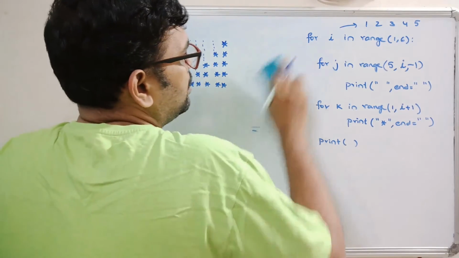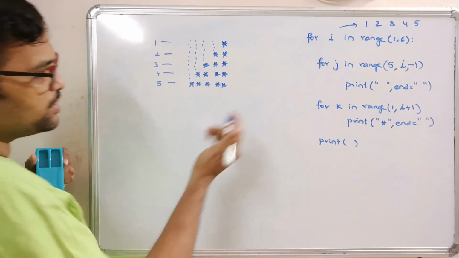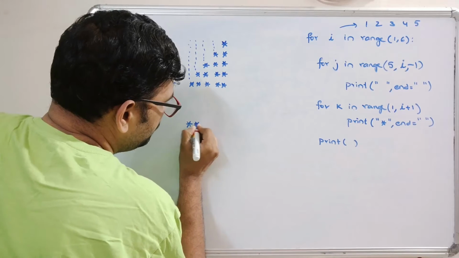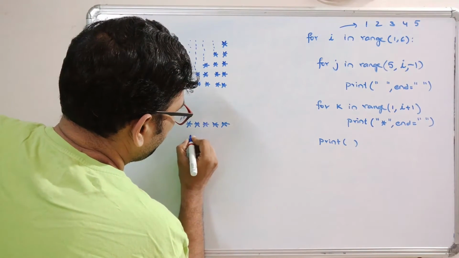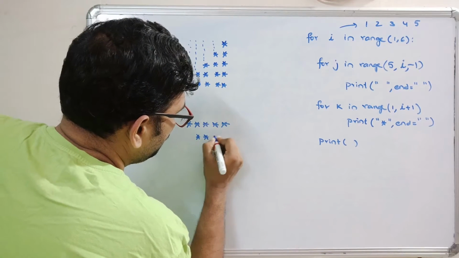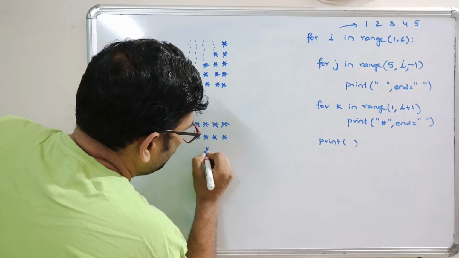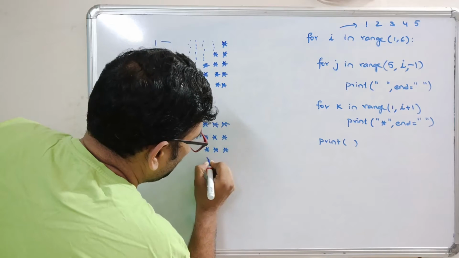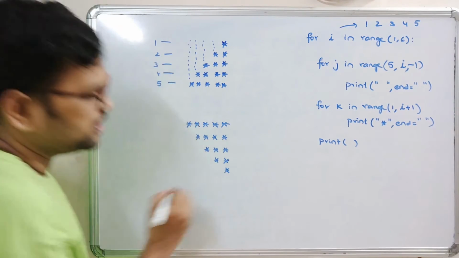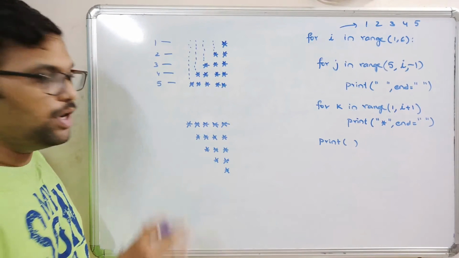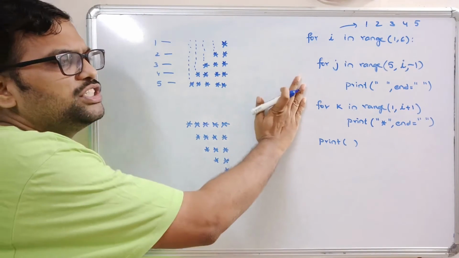Next, the next pattern is the reverse one. So give the star, so reverse pattern. If you want to print the same thing, the same logic will be used.